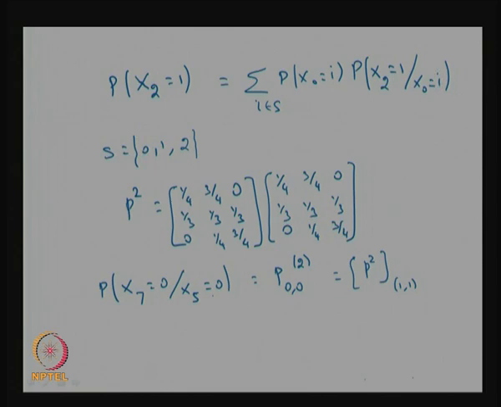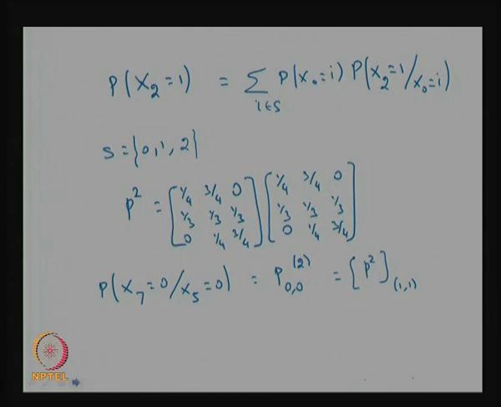What we have to do is always convert, because the given DTMC is time homogeneous, so you convert it into the n step transition probability, and the n step transition probability is the same as P power n. So, you pick the corresponding element to find out the conditional probability.